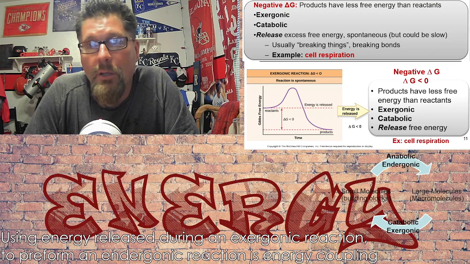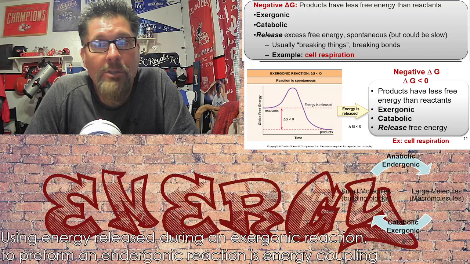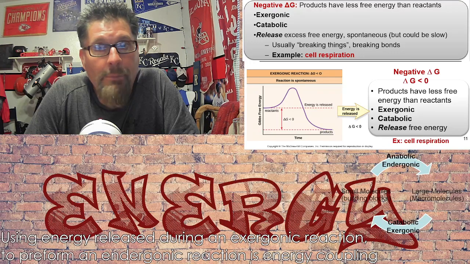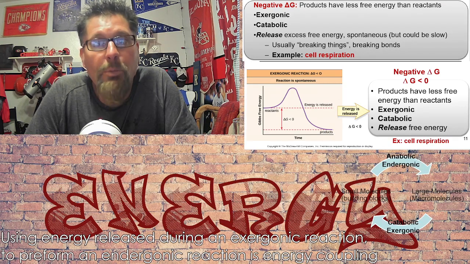Whatever the situation is, these can happen spontaneously, or you don't have to add any additional energy because it already has energy. Okay, it has it, so therefore it can happen spontaneously or naturally. When we get to endergonic, we'll see that that's the opposite. Those do not happen naturally. Something has to physically put things together.